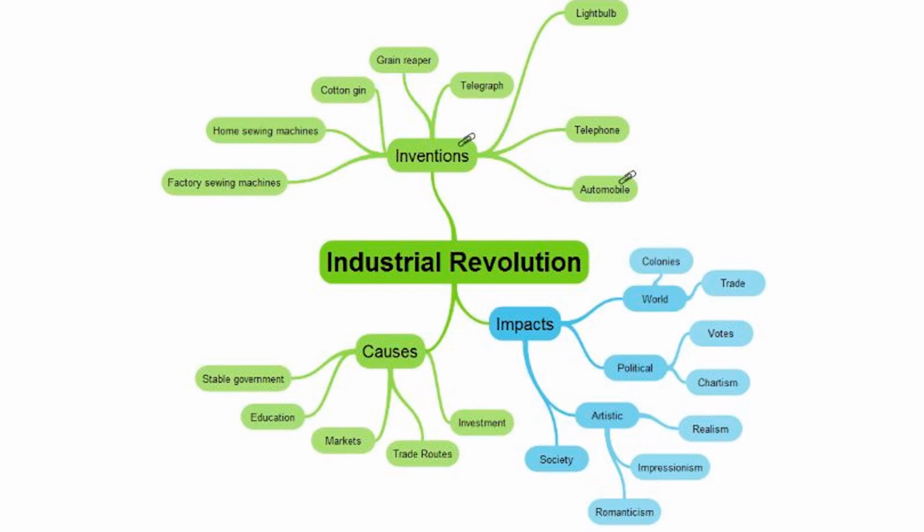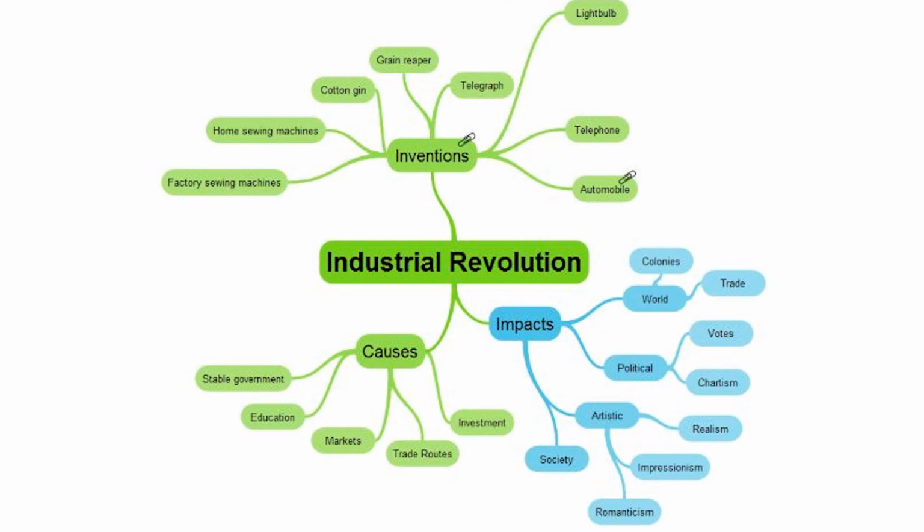This is an example of a mind web. This one focuses on the Industrial Revolution. I chose this one as an example because the Industrial Revolution is a revolution that we will focus the most on. We will, of course, look also at the American and French revolutions, but the Industrial Revolution is the main focus.